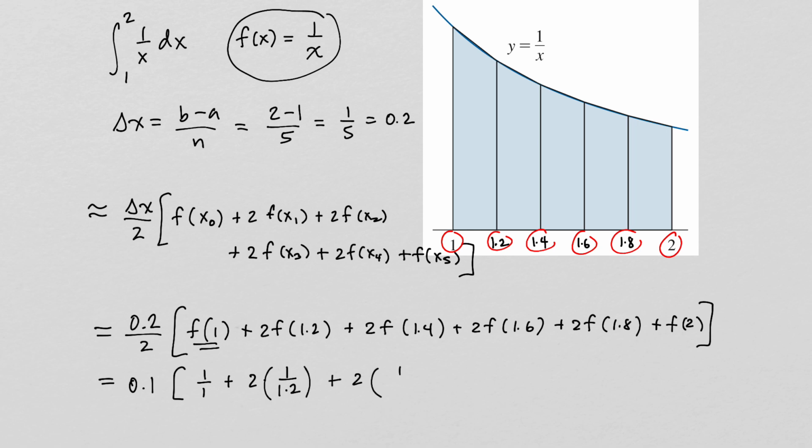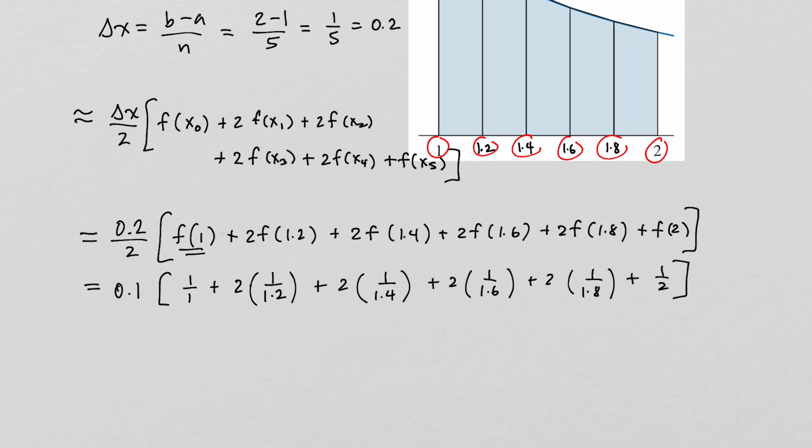Plus 2 times f of 1.4 is 1 divided by 1.4, etc. And then f of 2 is just 1 divided by 2. And now we're just going to plug all of that into a calculator, and let's give a 6 decimal place approximation. And this is approximately 0.695635.